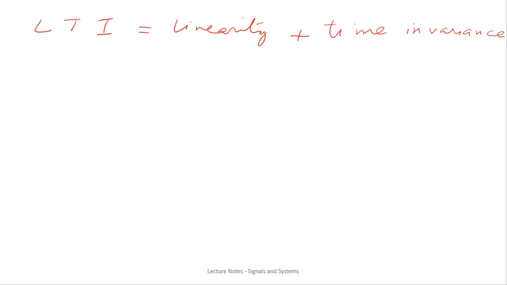Now our focus here is on the system descriptions that relate the output signal to the input signal when both signals are represented as functions of time. This is called the time domain representations for LTI systems. There are different methods of having a relationship between the input and output of a system.